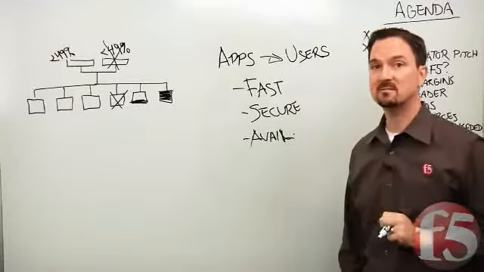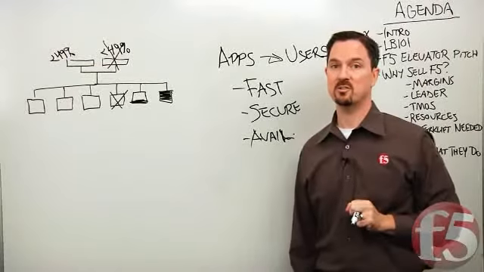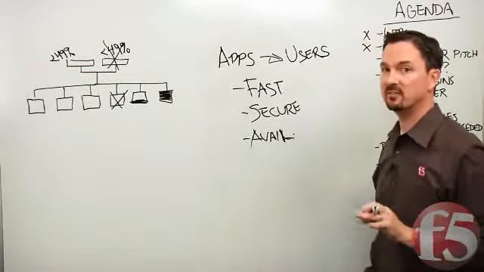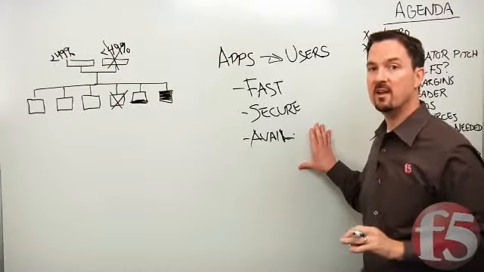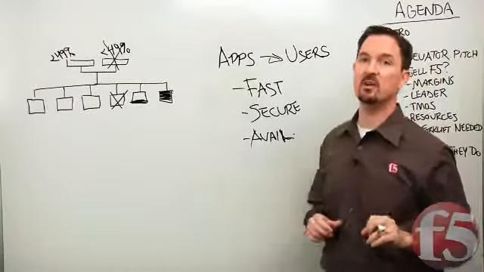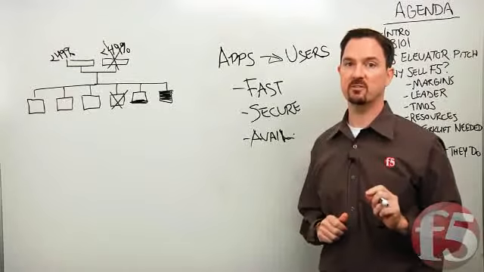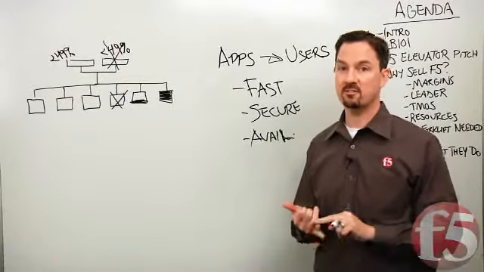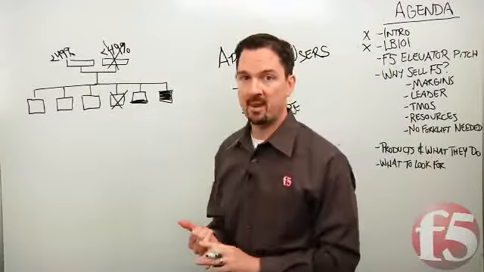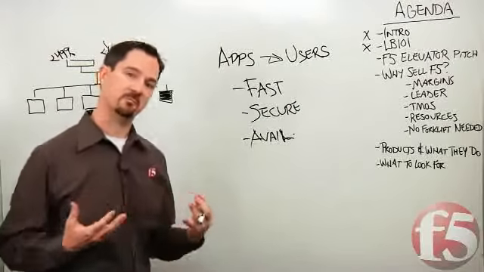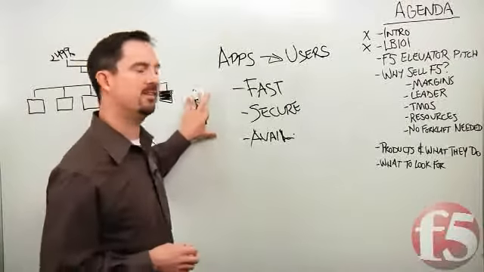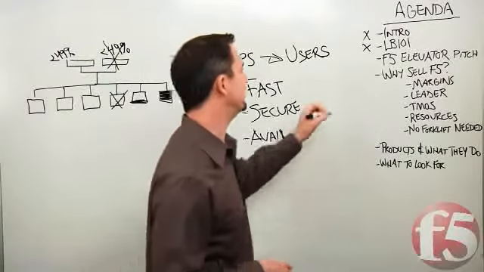And that's it. That's the F5 elevator pitch. Everything we do can stem from this conversation. So F5 is all about delivering applications to users, making them fast, secure, and available. And you'll see as we go through the products and what you'll be looking for out there, that everything that we do can really stem from that conversation.